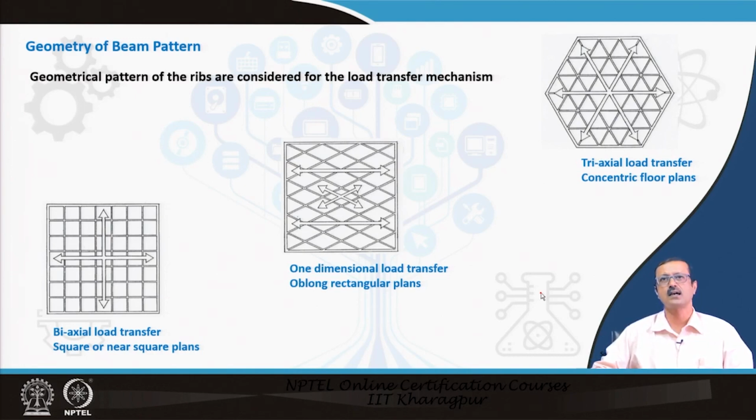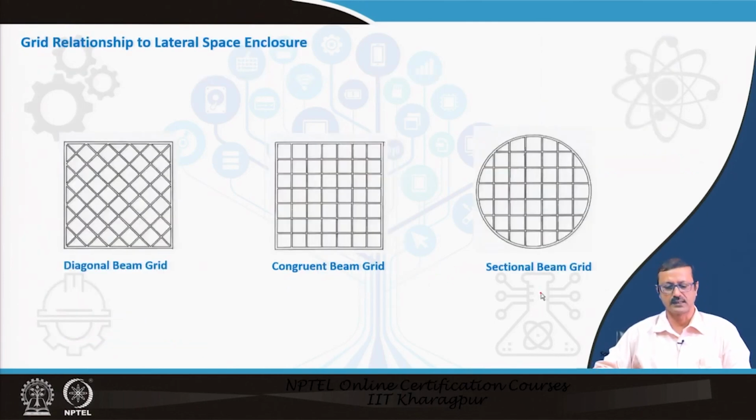In this case, the load transfer is triangular. So, the geometry of the beam pattern depends upon the grids or the dimensions you have. The grid relationship to the lateral space enclosure is another criterion, where we can choose any type of grid because of your enclosure area.